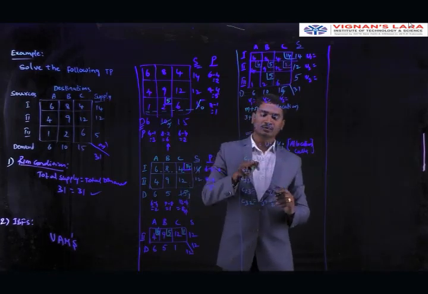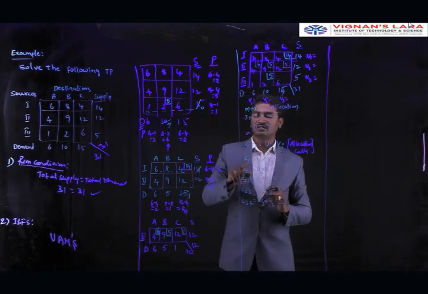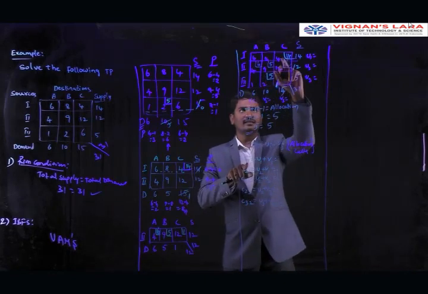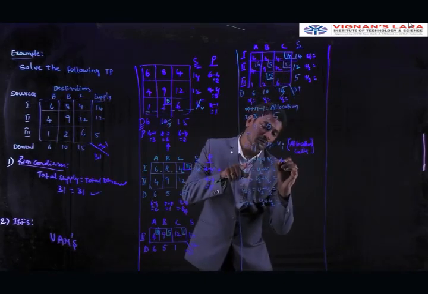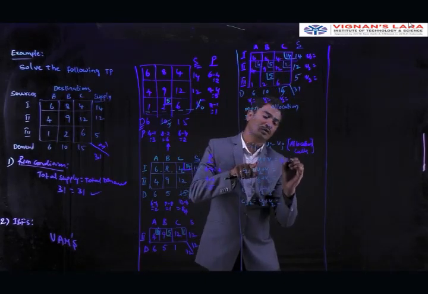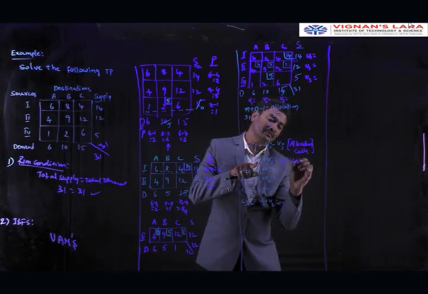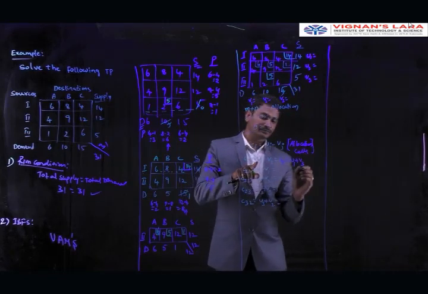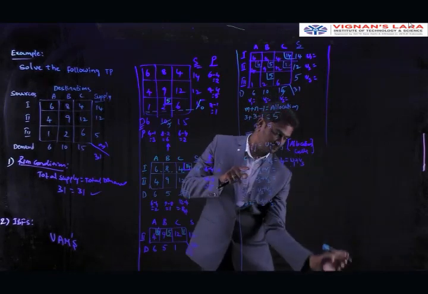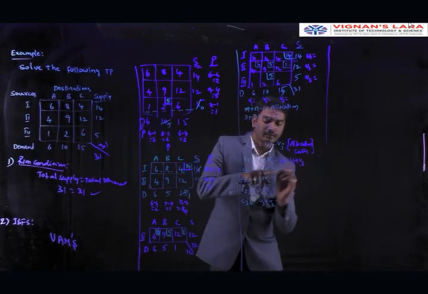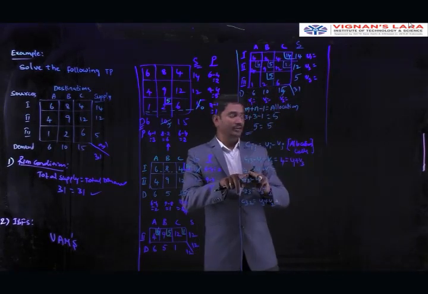Now we are going to calculate the U1 V3 values. Here what is the C13 value? C13 is 4 is equal to U1, we don't know the U1, U1 plus V3. Next coming to the second row, C21 is there.